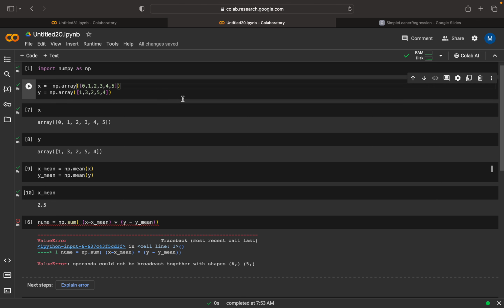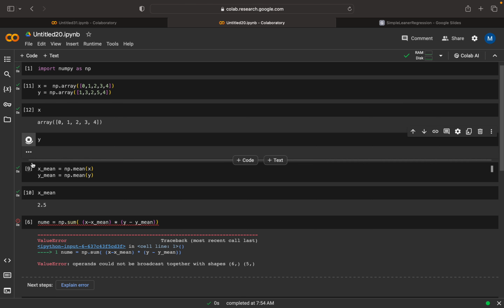There is no 5 in y, so there is some mismatch in that x and y. Okay, so our mean is 2, right? So we discussed that.